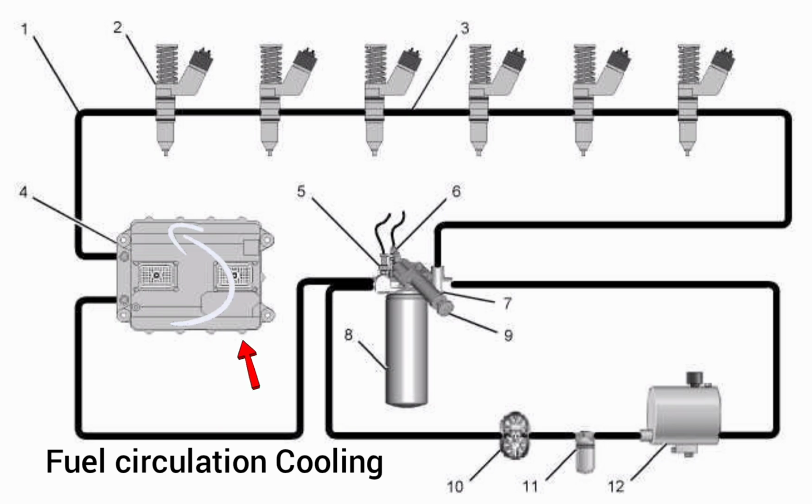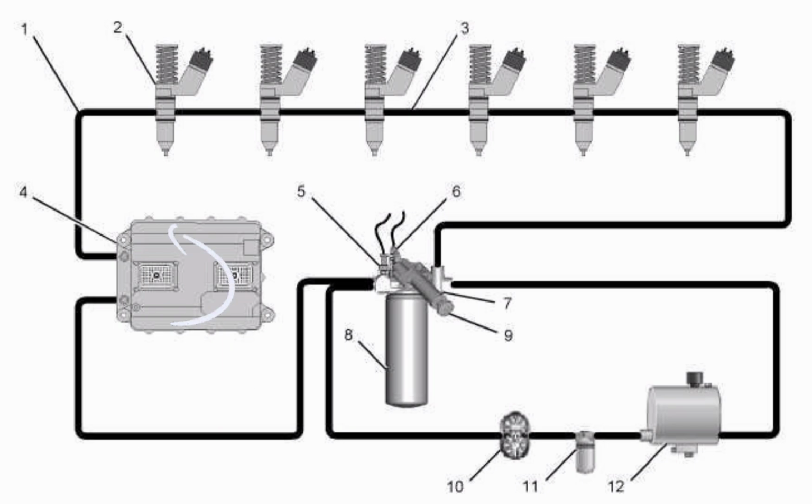The cold fresh diesel goes first this way and passes underneath the ECU, which keeps the ECM cool, because it is electronic and gets hot. That maintains the temperature of the ECM to prevent overheating or damage.